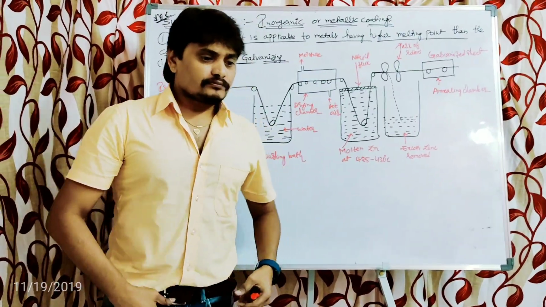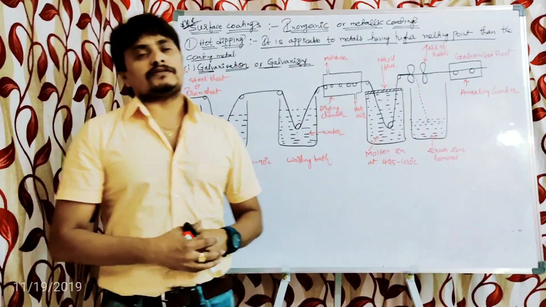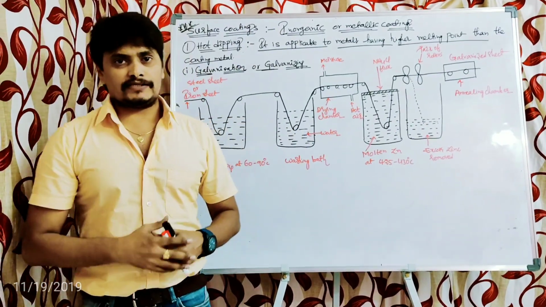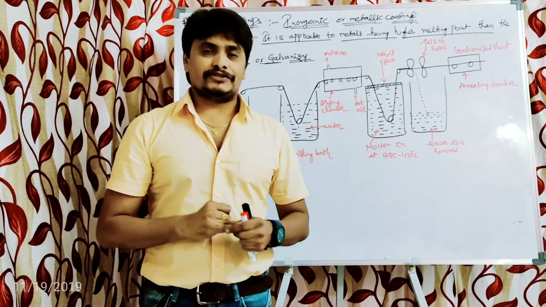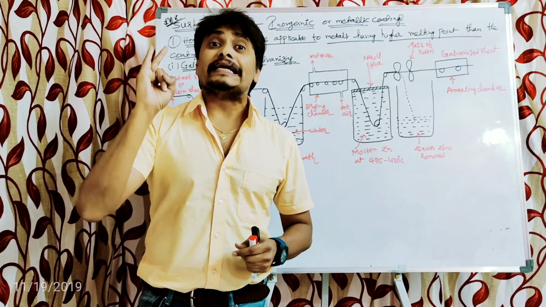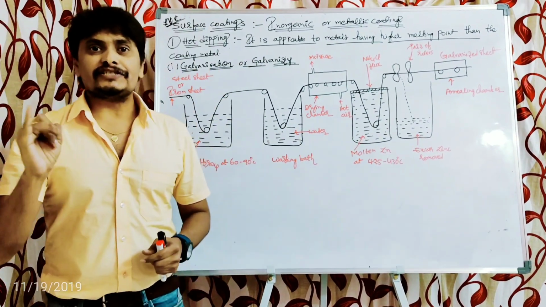Hot dipping processes are generally carried out in two ways: galvanization and tinning.